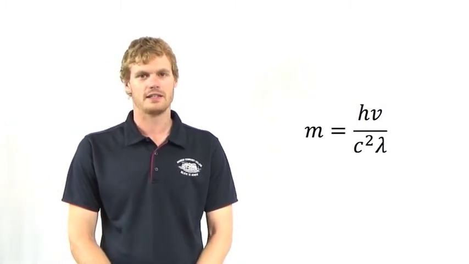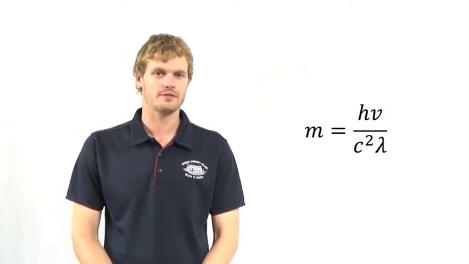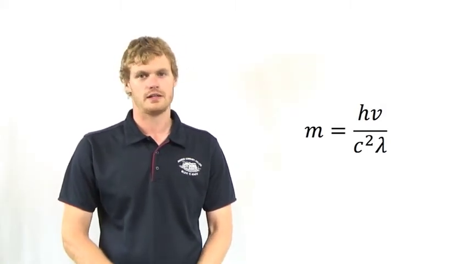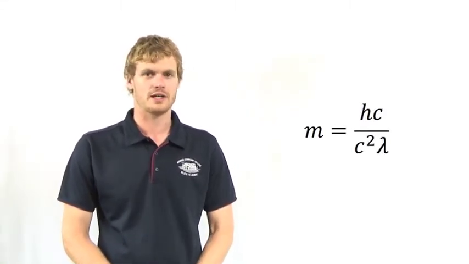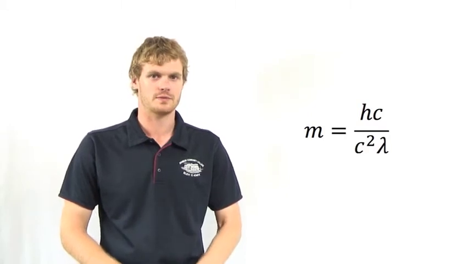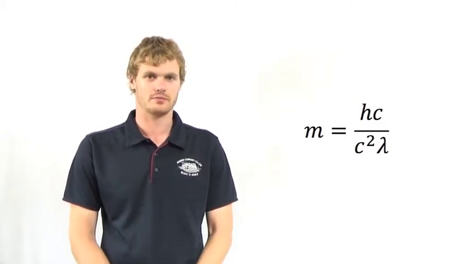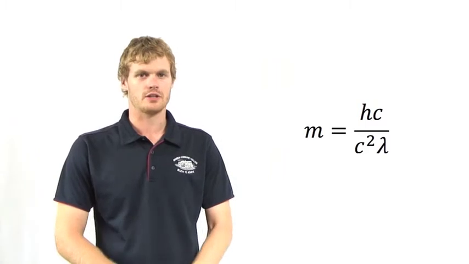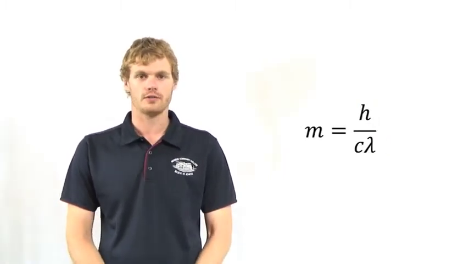Now, if we cancel out these extra speed of lights that we have, so the v and our c, since they're both the same particles moving at the same speed, which is the speed of light in this case, the photon being a light particle, we get m is equal to h on lambda.